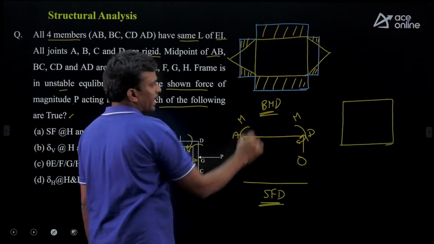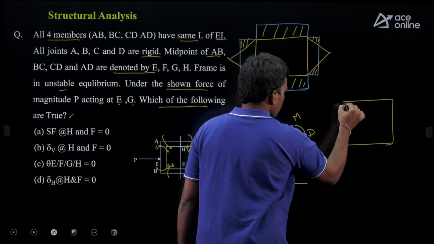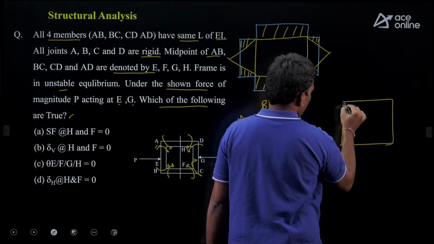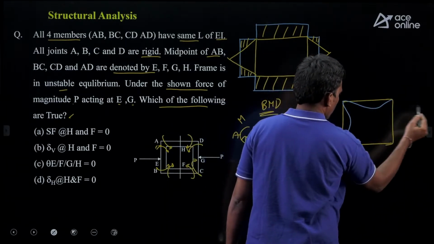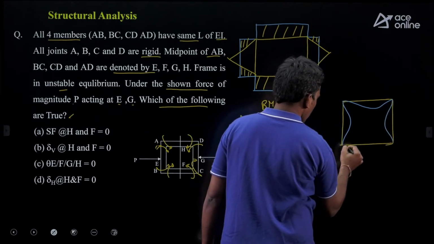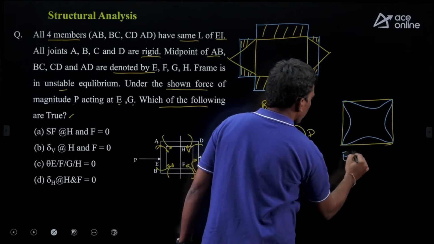So from the bending moment diagram, we can draw the deflected shape. So this is the elastic curve or deflected curve.